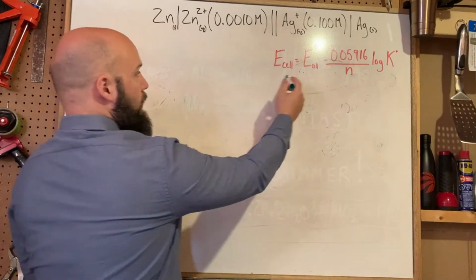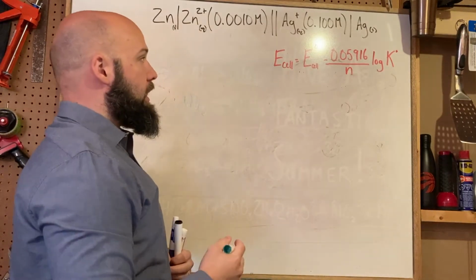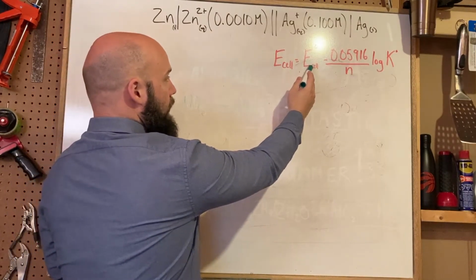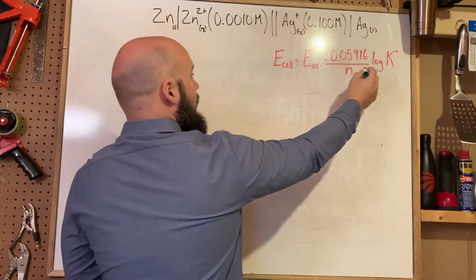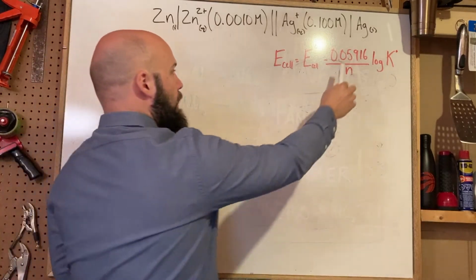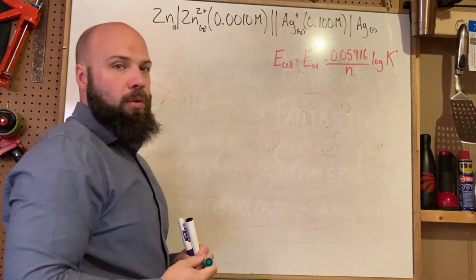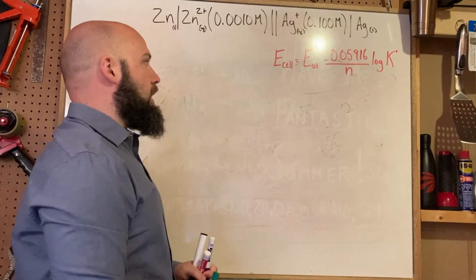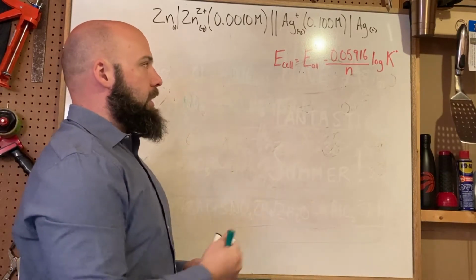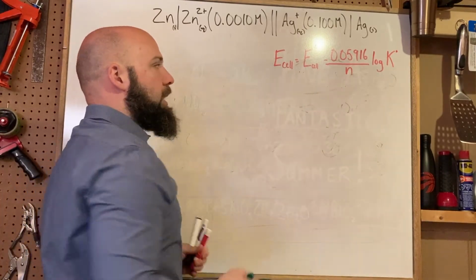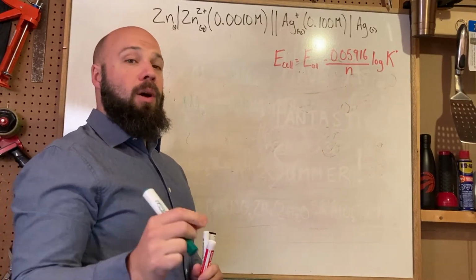So this is the Nernst equation, and we base the cell potential off of the standard cell potential. And then there is this component based on a few constants that have to do with temperature, Faraday's constant, but you can use the 0.05916 divided by n, which is the molar value of electrons.